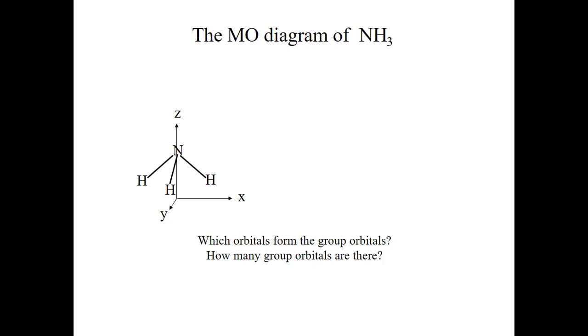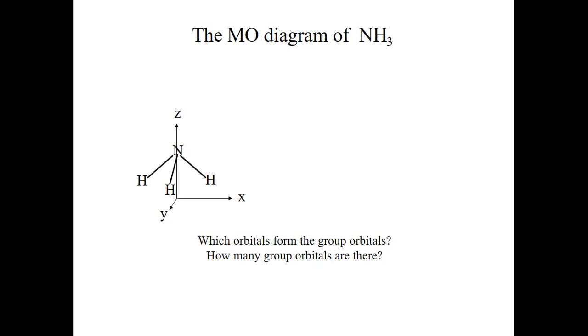What is the next step to do? Well, we have to be clear about what is the central atom of the molecule and what are the ligand atoms. That's easy to decide. The central atom will be the nitrogen atom, and the three ligand atoms will be the three hydrogen atoms. So next we have to think about what are the valence orbitals of the ligand atoms that we want to use to construct ligand group orbitals from.